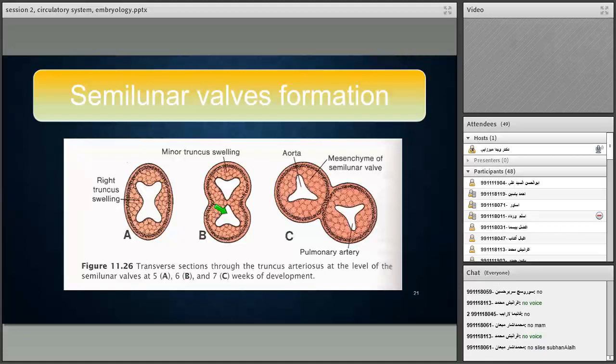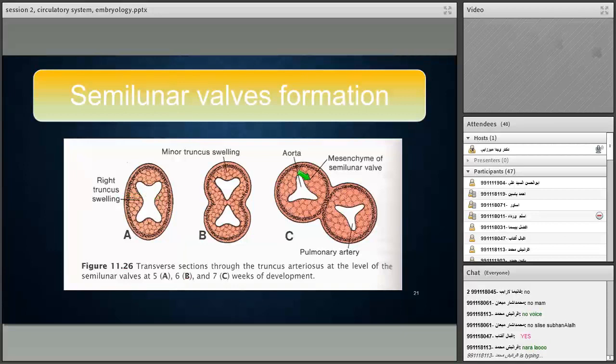These tubercles, on slide number 21, are forming semilunar valves. Also, neural crest cells have some role in the formation of these valves. By the blood flow, these tubercles will form the semilunar valves.